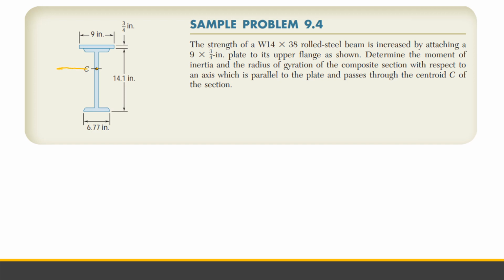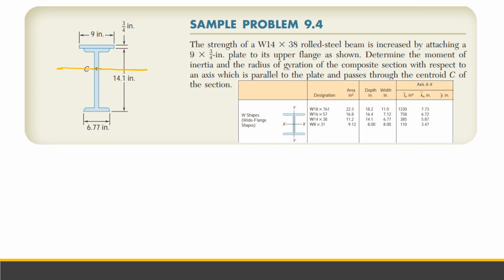So we take the moment of inertia at this axis that is passing through the centroid of the plate. So this wide flange beam here has an area of 11.2 inch squared, depth 14.1, which is given, 6.77 width, moment of inertia with respect to x of 385, and radius of gyration 5.87.